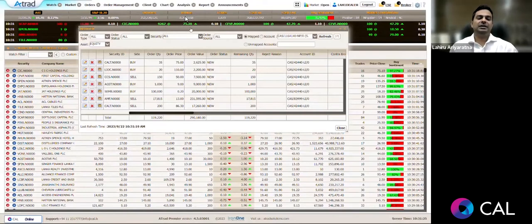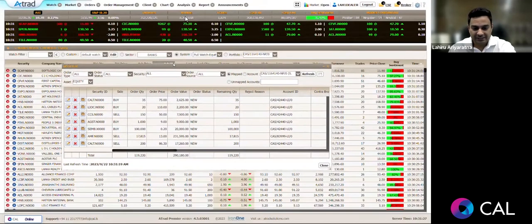The next feature that we'll talk about is the order blotter. Order blotter is another important function. Your order blotter will have all the orders which you entered during the day. And if you're a heavy trader, or if you trade on multiple securities at a time, you can look at your order blotter and see the status of the order.